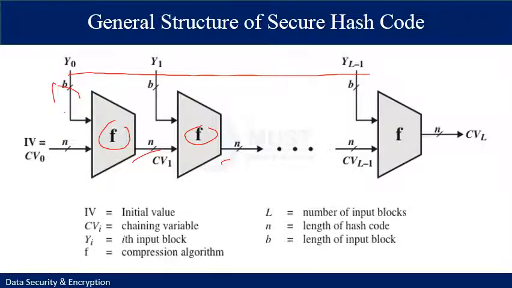At the start of hashing, the chaining variable has an initial value that is specified as part of the algorithm. The final value of the chaining variable is the value of the hash.